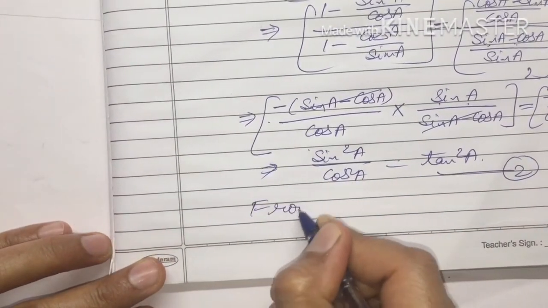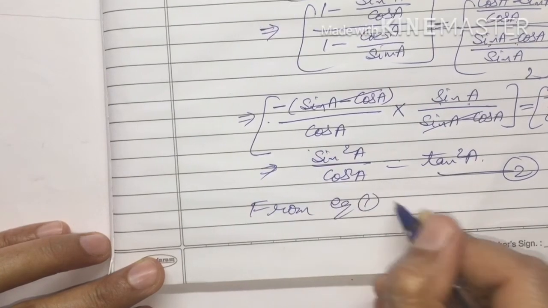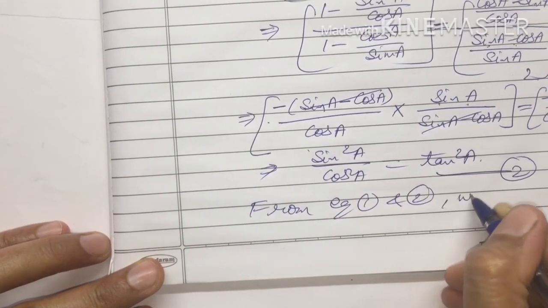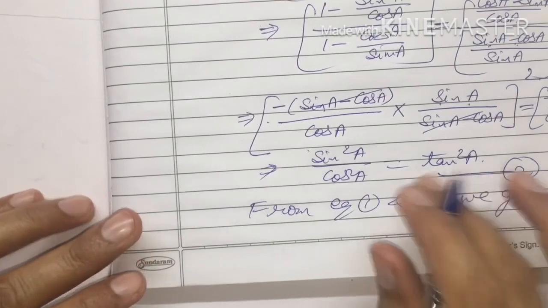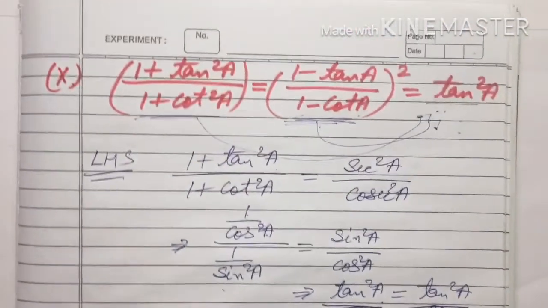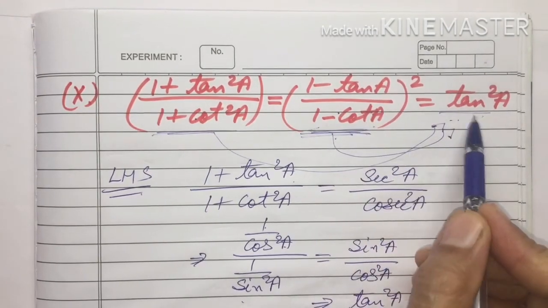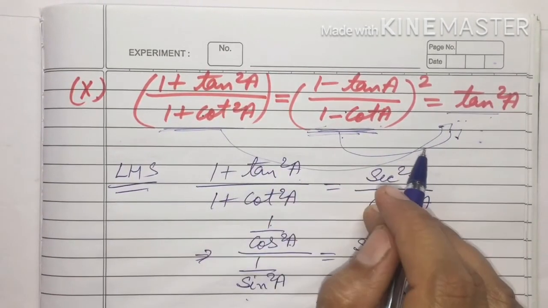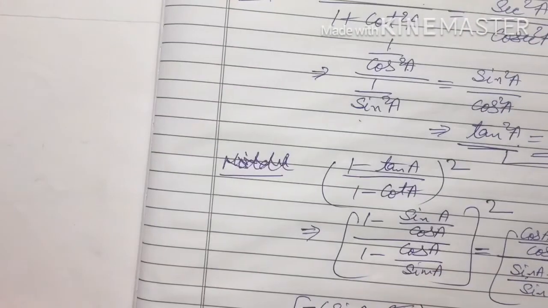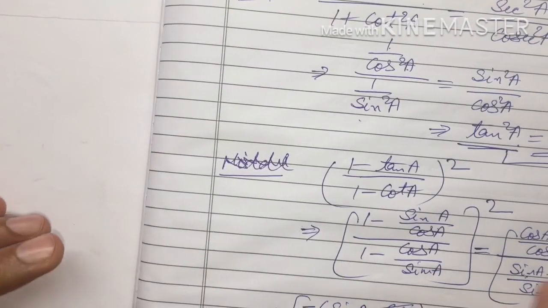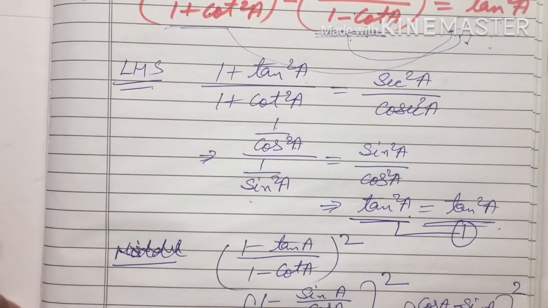From equation 1 and 2 we get this term is equal to this term and this is equal to this, means all three terms are equal to each other. So students, in this video we did all sums of exercise 8.4.